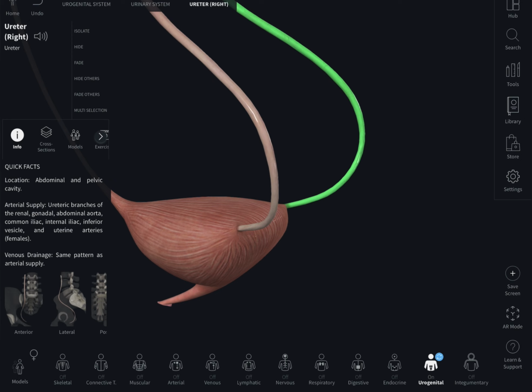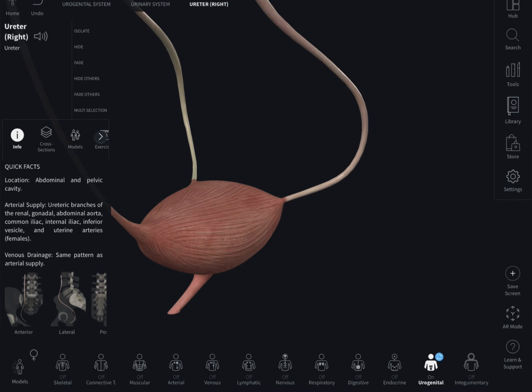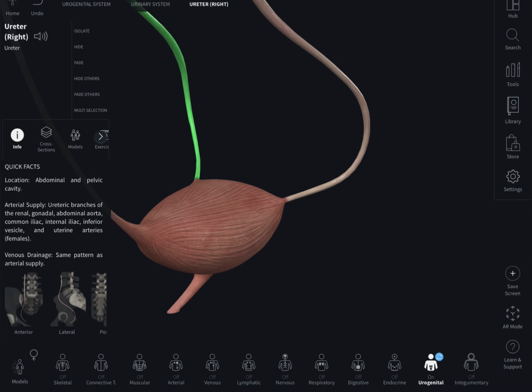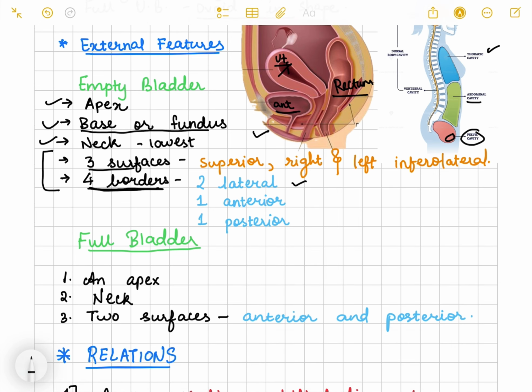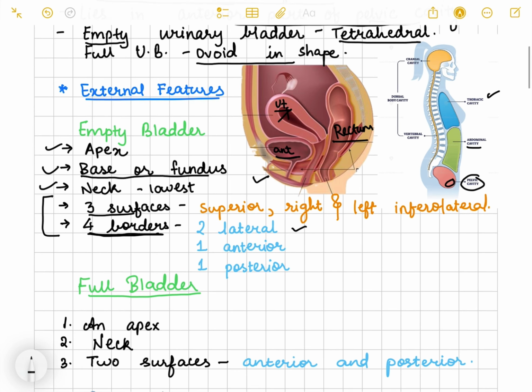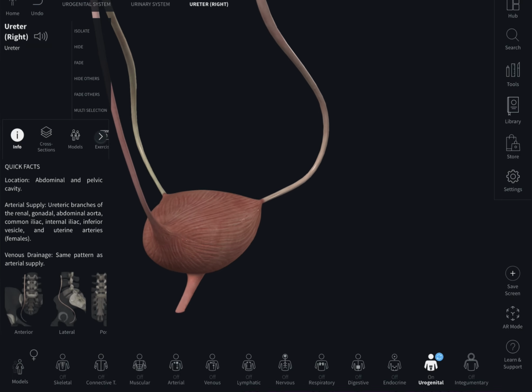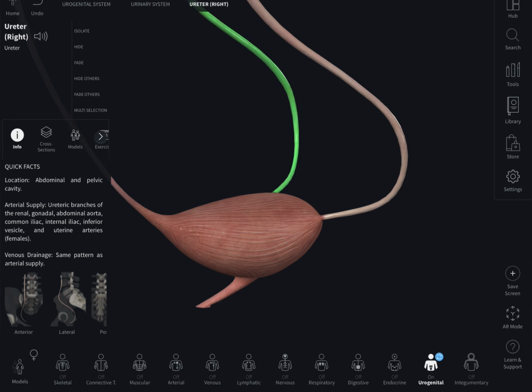And lastly we will study about all the borders of the urinary bladder. So now we'll study about the four borders of the urinary bladder. These are two lateral, anterior and posterior. The borders are not completely prominent, but we'll see it. Two lateral borders.